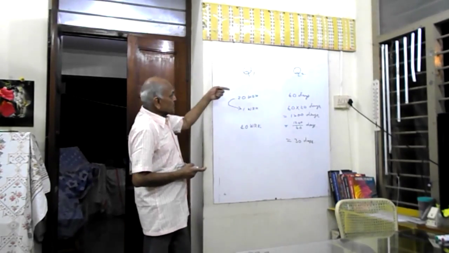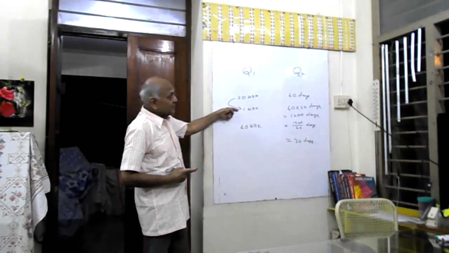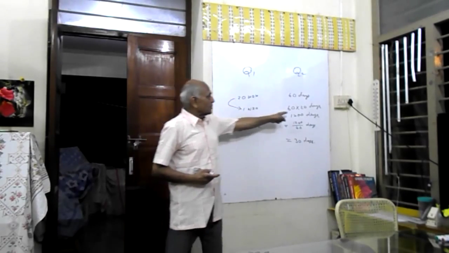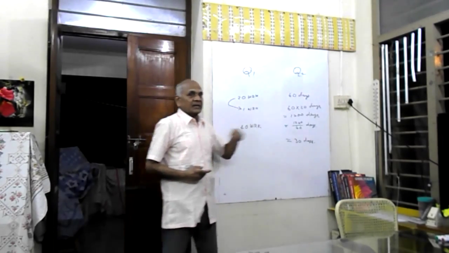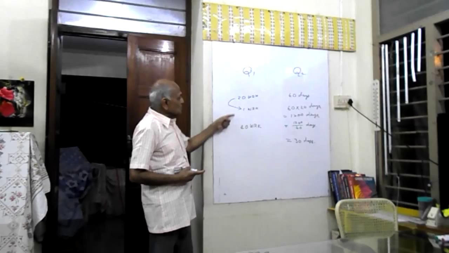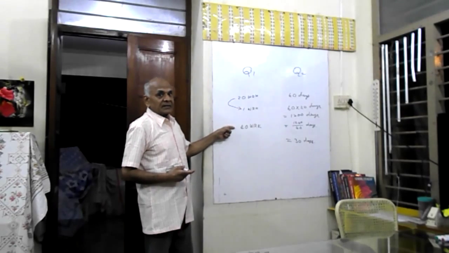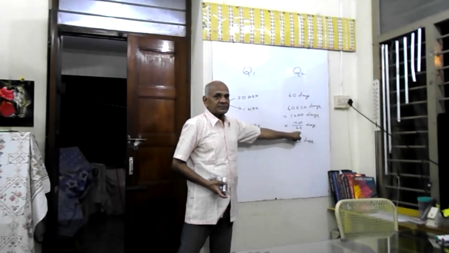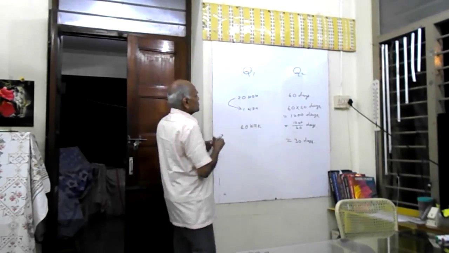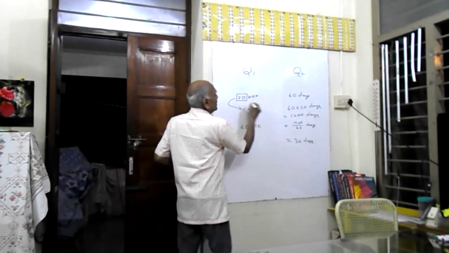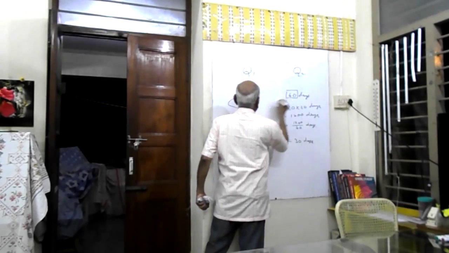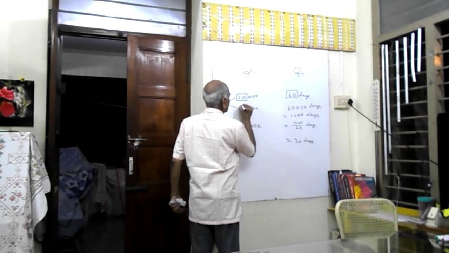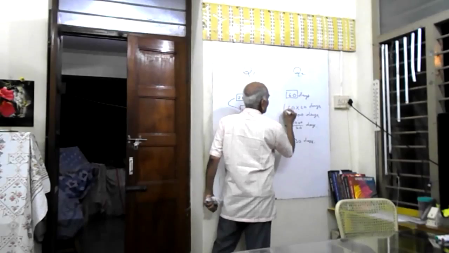In directly proportional problem, some number to 1 is division. In inversely proportional problem, it is multiplication. In directly proportional problem, 1 to some number is multiplication. In inversely proportional problem, 1 to some number is division. Here box 1, box 2, box 3, box 4.